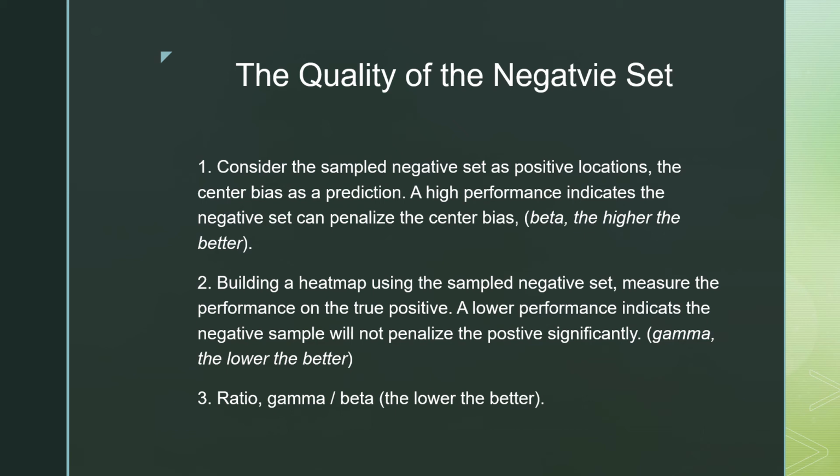Secondly, let's build a prediction map using the sampled negatives and measure its performance on the true positive locations. We hope the performance can be as low as possible. The negative side can be spatially far from the positive. And let's denote this as gamma, so we can show the ratio between gamma and beta as an indicator. Of course, the lower the better.